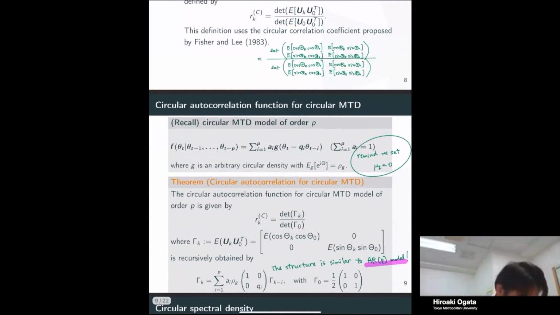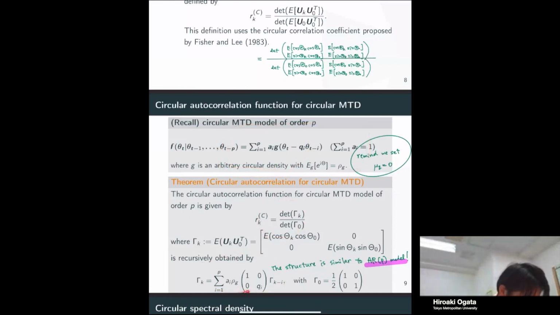What we did is give a recursive expression to calculate this Γ_k. So Γ_k for this model has this recursive structure, and by solving this one, we can get Γ_k. So finally, we get this circular autocorrelation function for this model.